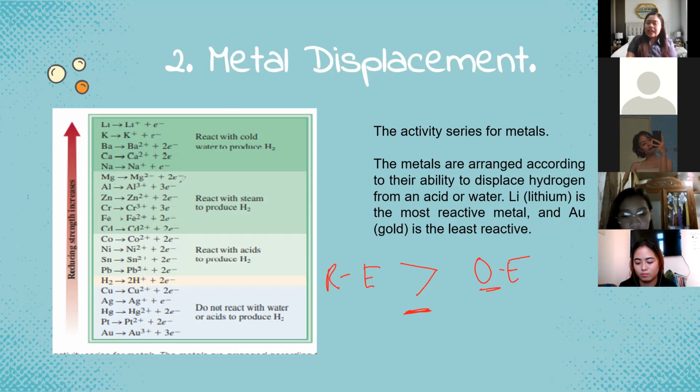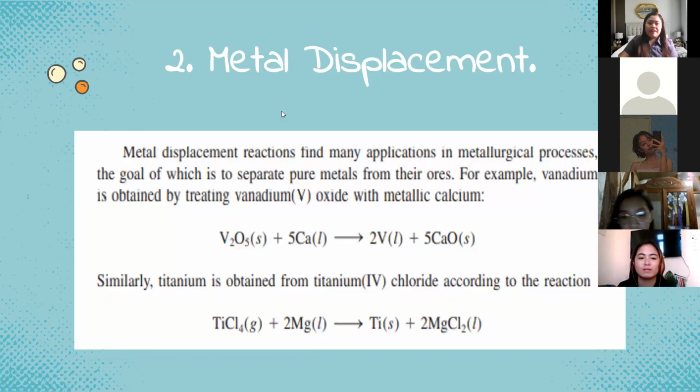Dapat ang i-replace natin na metal ay nasa taas ng list ng ating activity series of metal, and the original element in the compound should be below the element na i-replace natin. Okay, so again, in the activity series of metal, lithium is the most reactive while gold is the least reactive element.